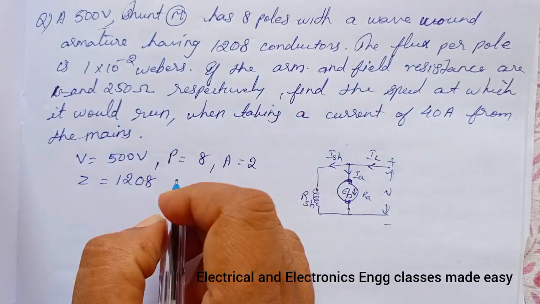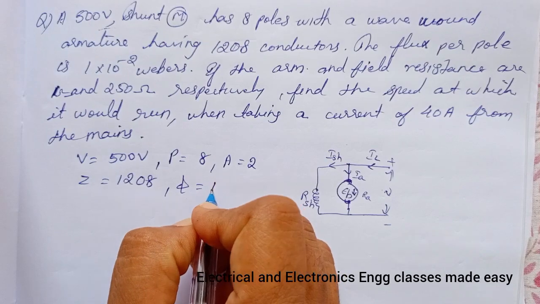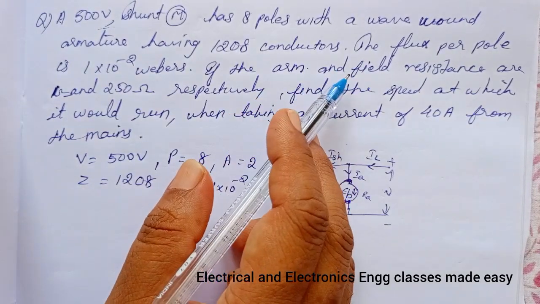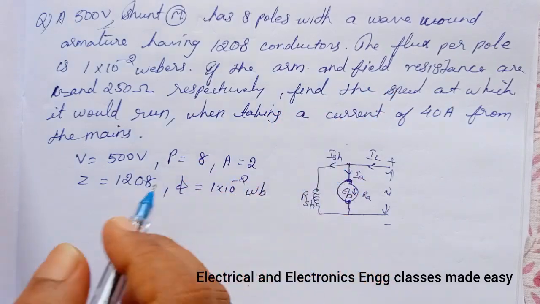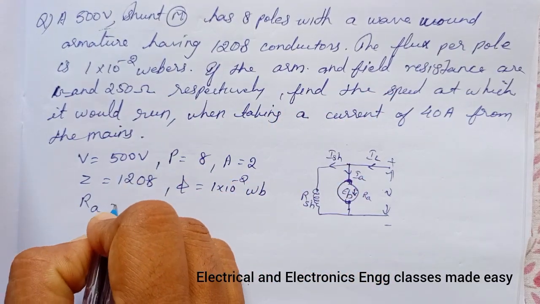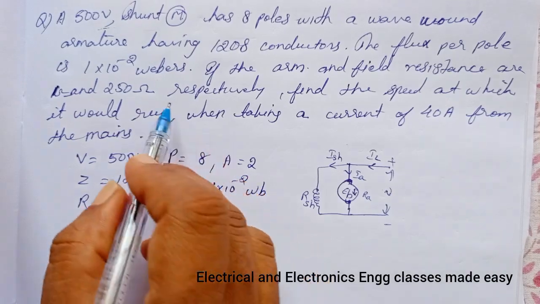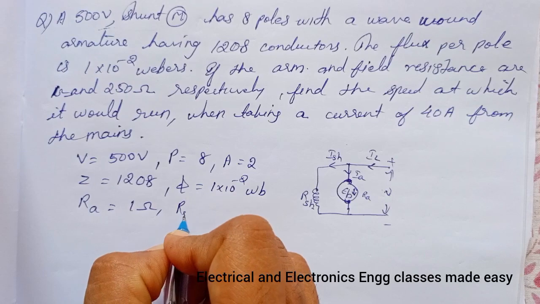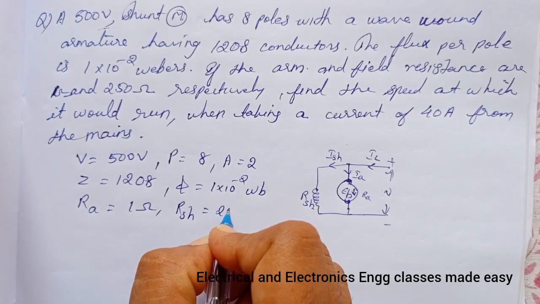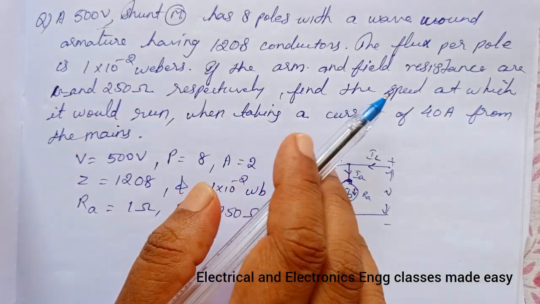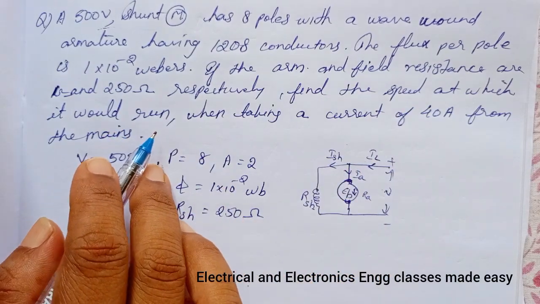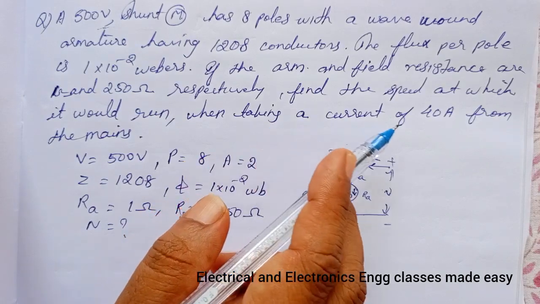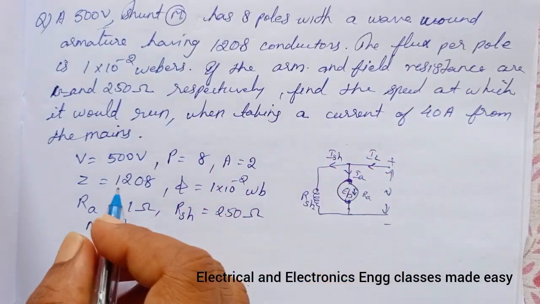Then flux per pole, that is phi is 1 into 10 raised to minus 2 webers. Then armature resistance Ra is equal to 1 ohm and field resistance, here this is shunt field, so RSH is 250 ohm. Then find the speed at which it would run, so N we have to find when taking a current of 40 amperes from the mains.